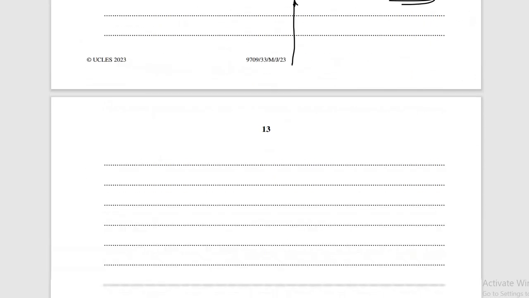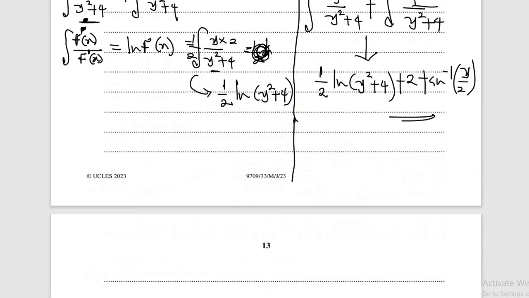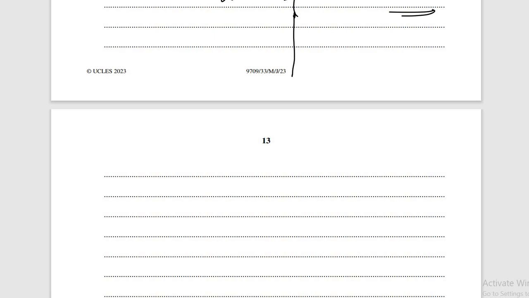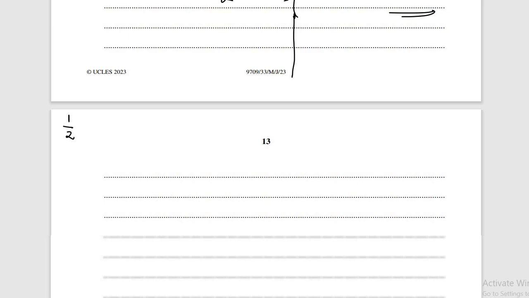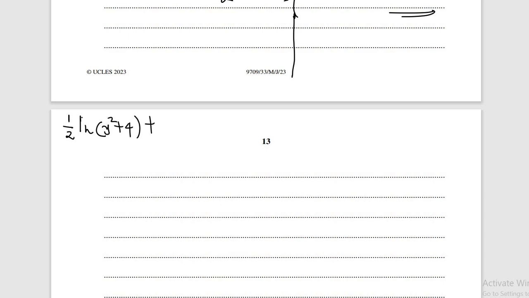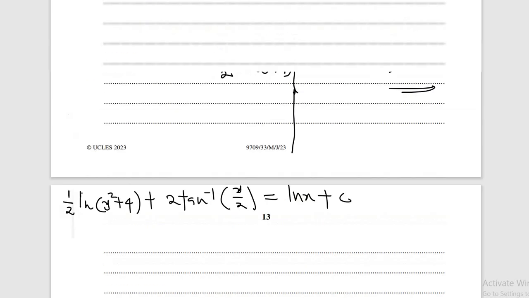Now let's go further. The left hand side already gives us 1/2 ln(y² + 4) plus 2 arctan(y/2), and the right hand side is ln x plus c. Hope I'm not missing anything. Let me check.